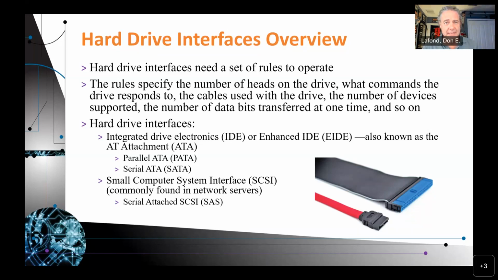Now, another thing they needed was a different interface. This interface cable right here, this is the old ATA cable. If you open up an old computer, one that's 15 years old or so, maybe a little bit older, you'll find a whole bunch of these run in there, and they're actually gray in color.